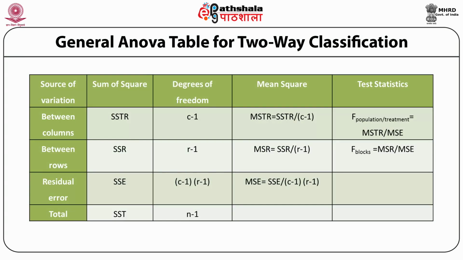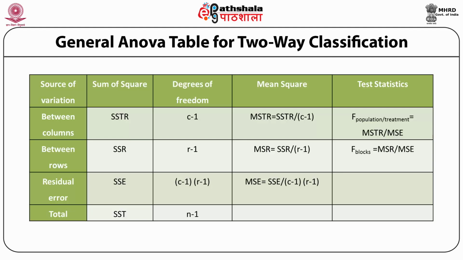In this, under sources of variation, we can see three parts: between column variation, between rows variation, and then the residual error. And here in the sum of squares, SSTR is the sum of squares between columns and SSR is the sum of squares between rows.